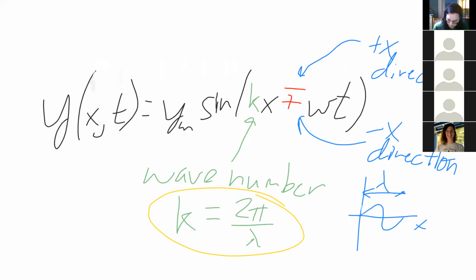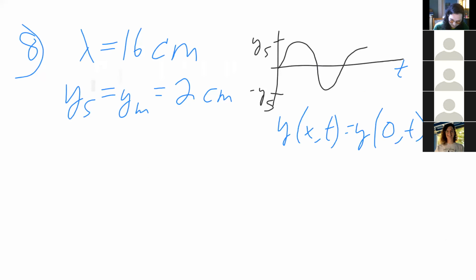So the general form of this equation, plugging in x equals 0, would be that this is equal to y max times sine of kx, but x is 0, so that term is 0. And we just have minus or plus omega t plus phi.